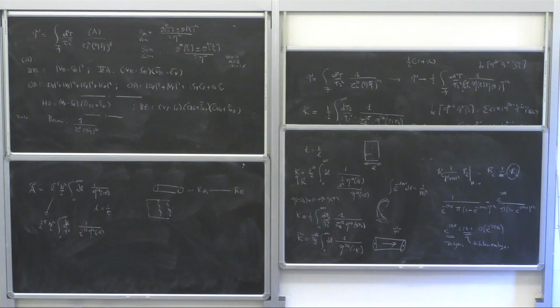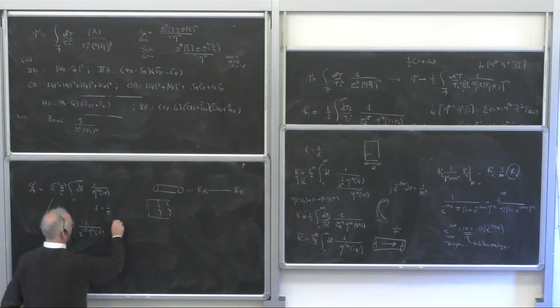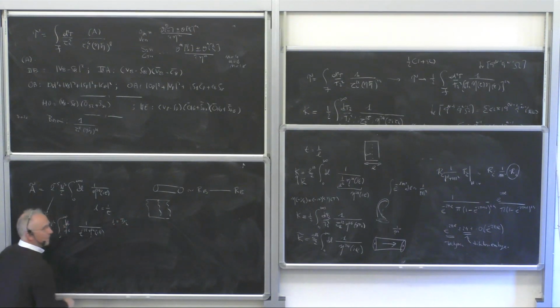If I want to work in terms of the proper time of the string flowing onto the annulus, I have to remember that for the annulus the relation is opposite, as I showed you before. So I must define t equal tau 2 over 2. Change variable, then you get this amplitude here.